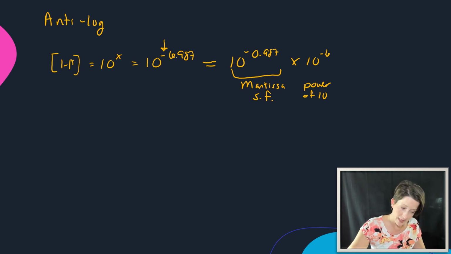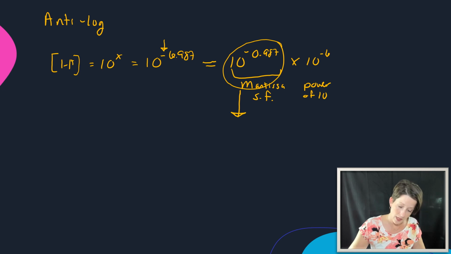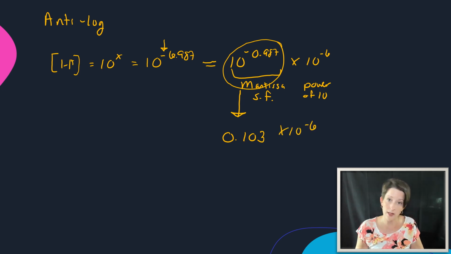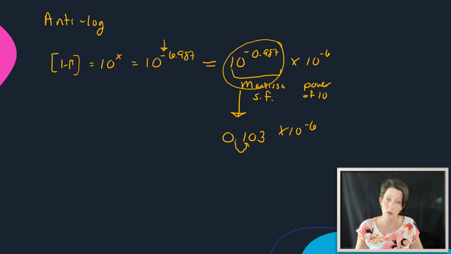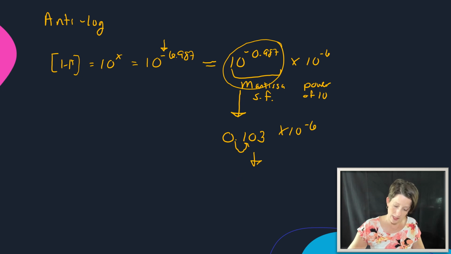When you plug this into the antilog, you get 0.103 times 10 to the negative 6, because we want to leave the power of 10 in the exponent. But because the mantissa has to occupy the ones place, we have to move that decimal 1 place over, and we get 1.03 times 10 to the negative 7.